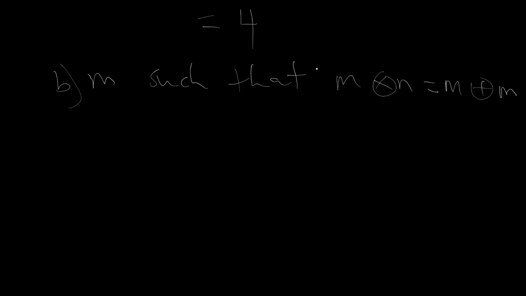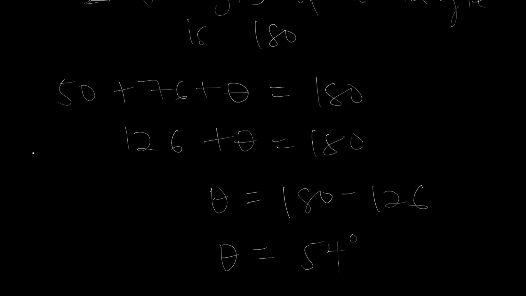So what we are saying is we are finding m, and m is a number that when we multiply with a certain number, it will be equal to that number plus itself. So we inspect the table. So now we have 4 numbers, 1, 2, 3, and 4.